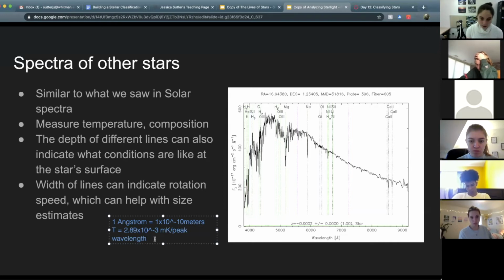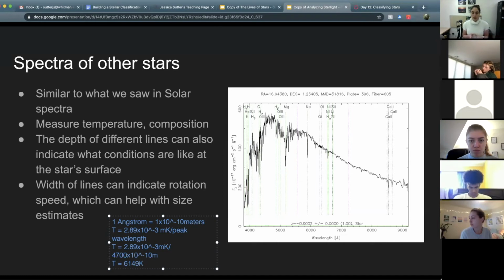So for this star, T equals 2.89 times 10 to the power of negative 3 meters Kelvin divided by 4,700 times 10 to the power of negative 10 meters, which gives us a temperature of about 6,149 Kelvin.